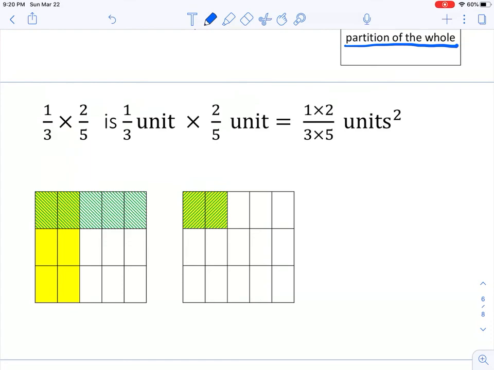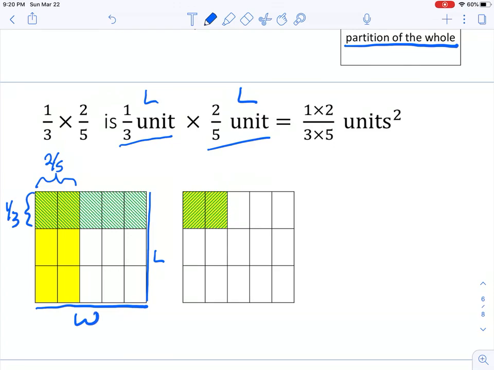So if we did that, we would end up with 1/3 of a unit for our length, 2/5 of a unit for our width. Here is our 1/3 if this whole vertical side is our length. And then here is our 2/5 of a unit if this whole horizontal side is our width.